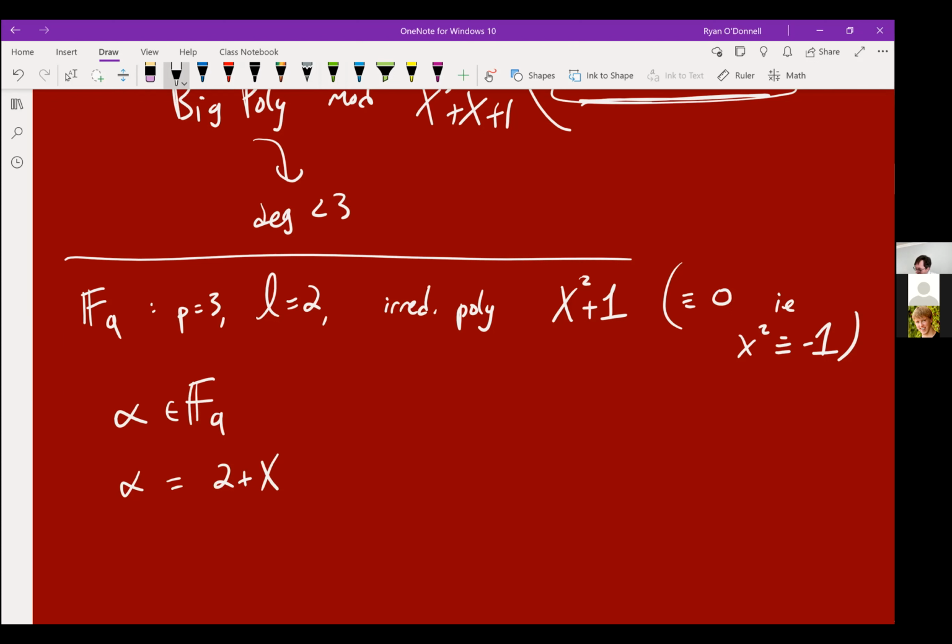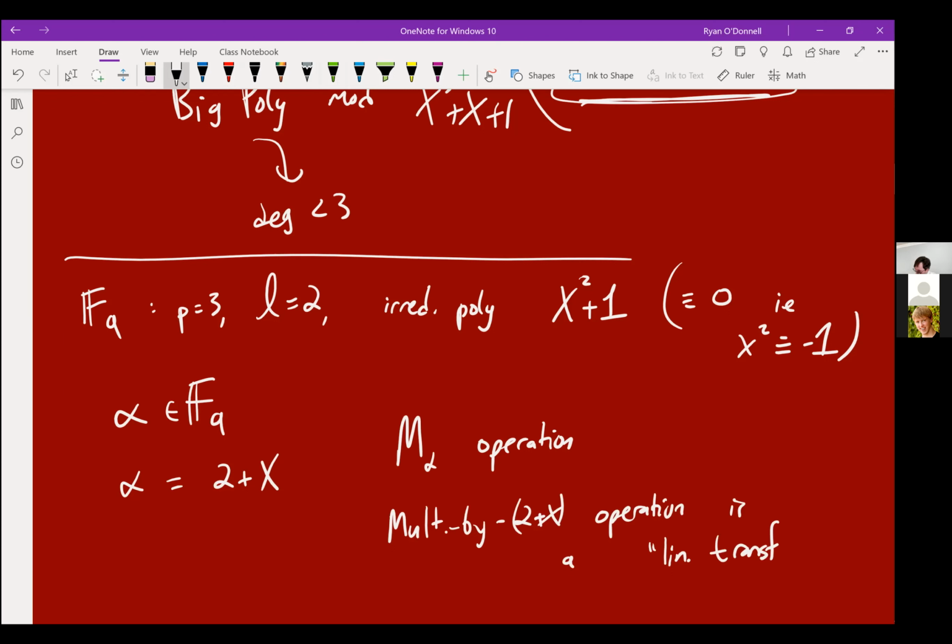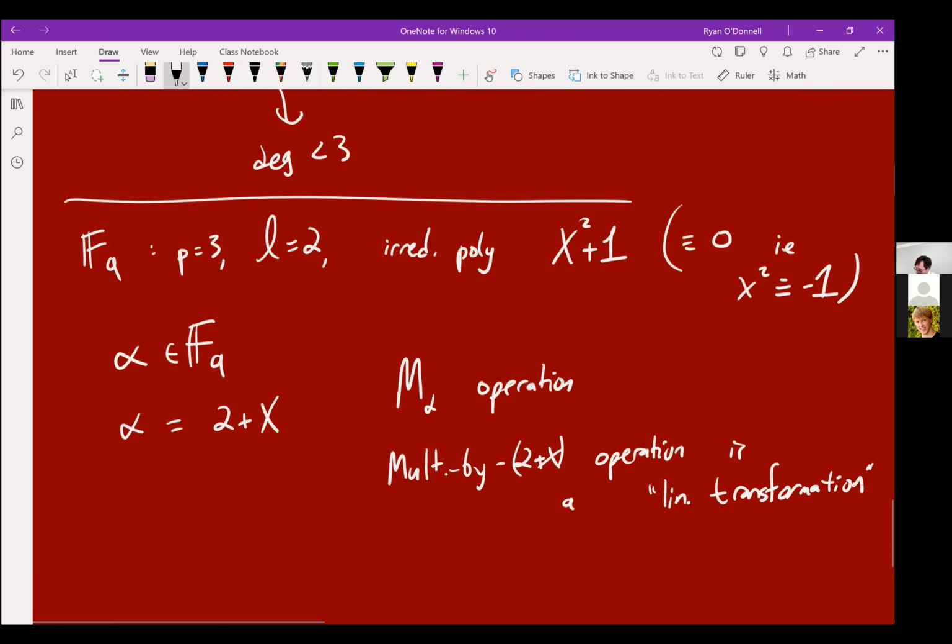So we want to understand why the operation of m sub alpha, or more expansively the multiply by 2 plus x operation, is actually a linear transformation from the vector space point of view.